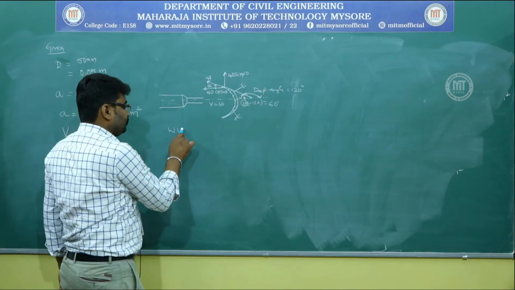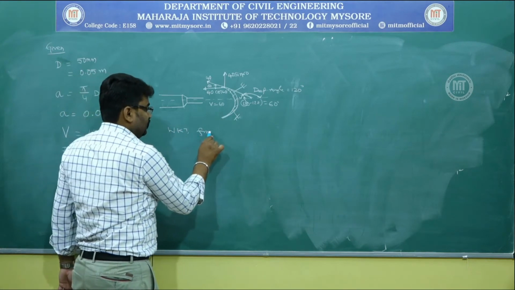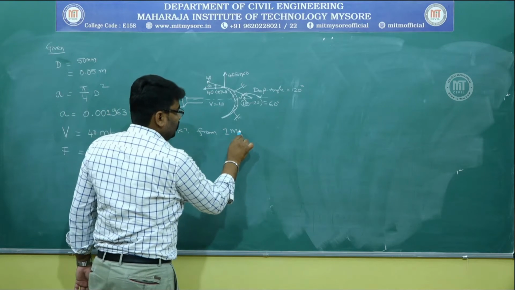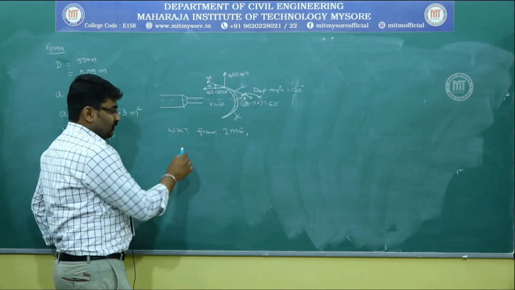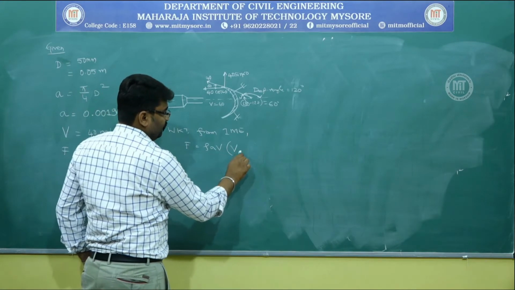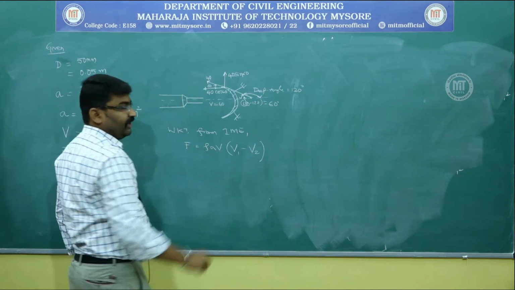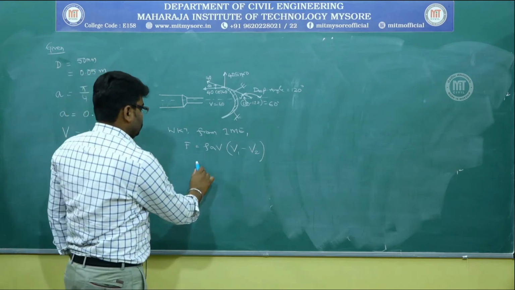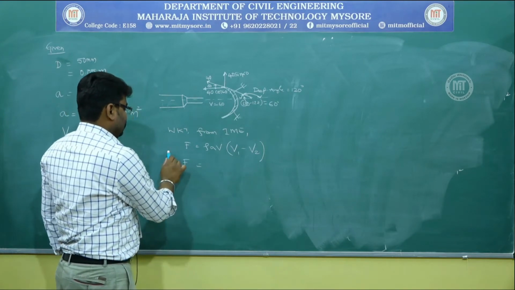We know that from the impulse momentum equation, F is equal to rho a v into (v1 minus v2). So what is Fx here?